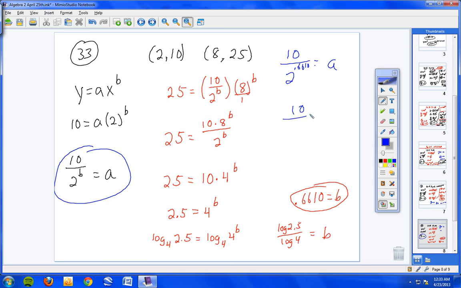And that would be 10 over, let's see, 2 to the 0.6610 power would be 1.5812. 1.5812 equals a. And now with your calculator, type in 10 divided by that number. So you'll get 6.3244.